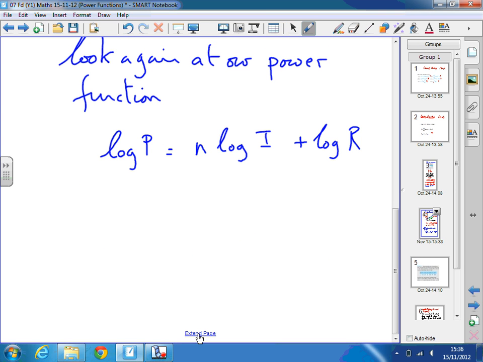Then we can see, if we compare that with the equation of a line, a direct relationship between the two. If I plot on the y-axis log of p, and on the x-axis log of I, then the gradient will give me the value of n, and the y-intercept will give me the value of log of r, from which I can find r.